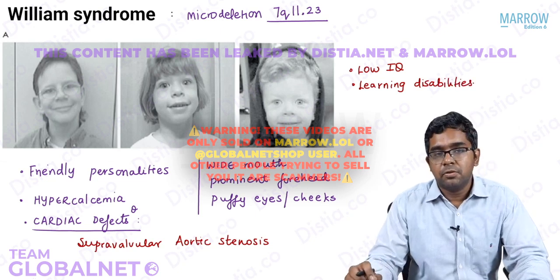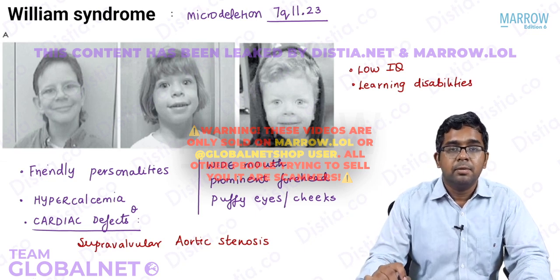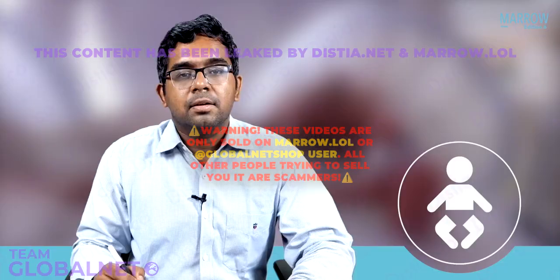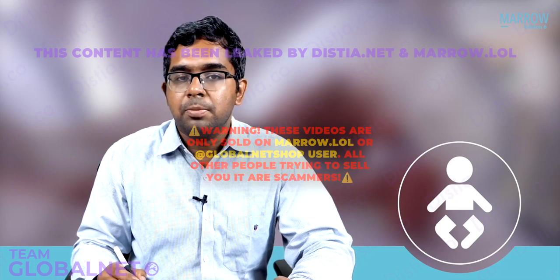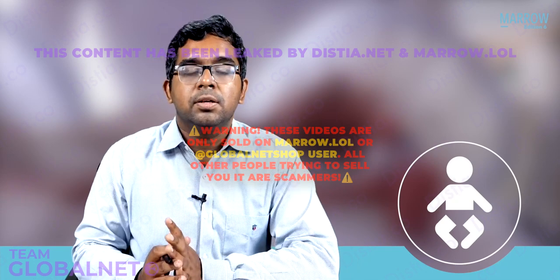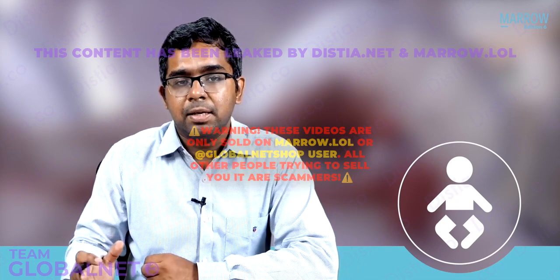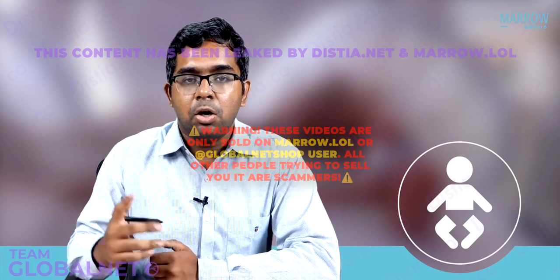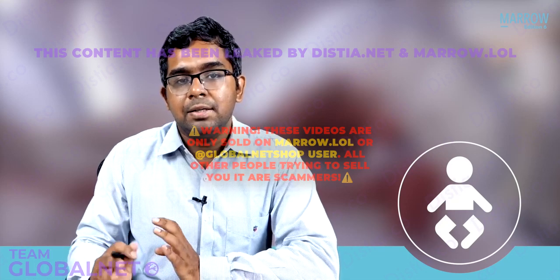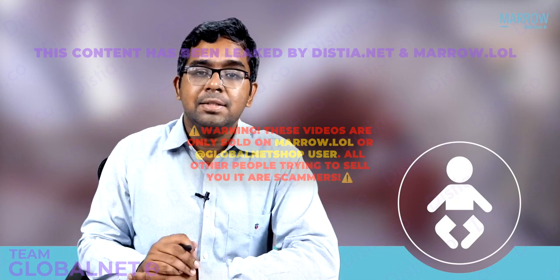These are the salient features of Williams syndrome, and with that we have completed the two important examples of microdeletion syndromes. Next I am going to discuss genomic imprinting disorders. Let us try to understand what it is. Normally for any gene we have two alleles, one from the paternal and one from the maternal side. Out of these two alleles, one is normally silenced or imprinted, and only one allele is active.